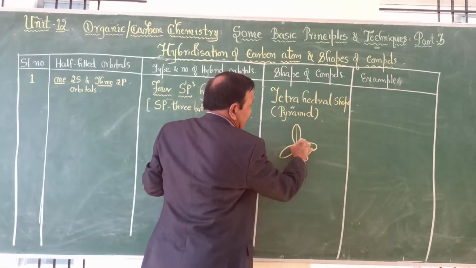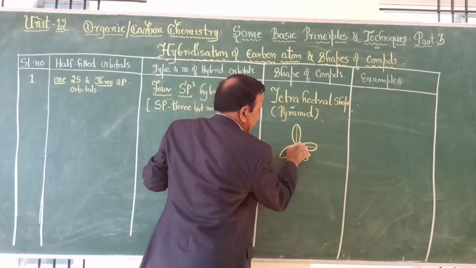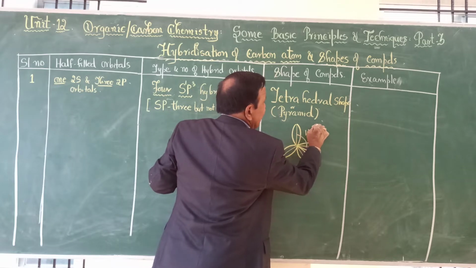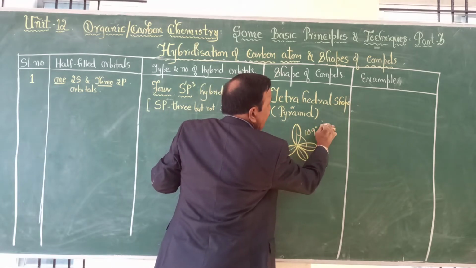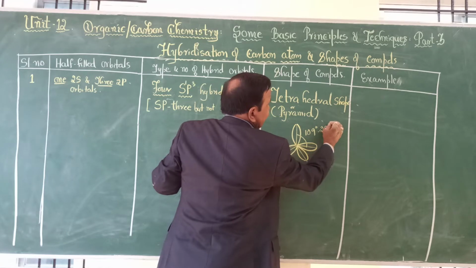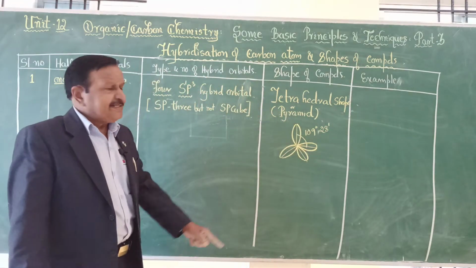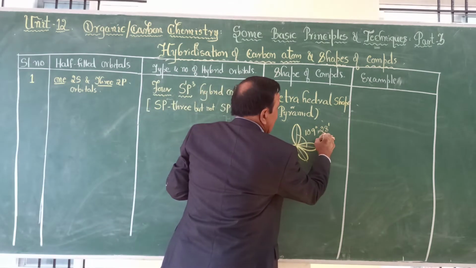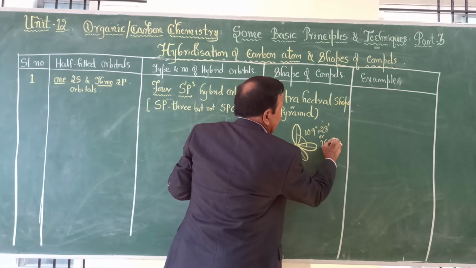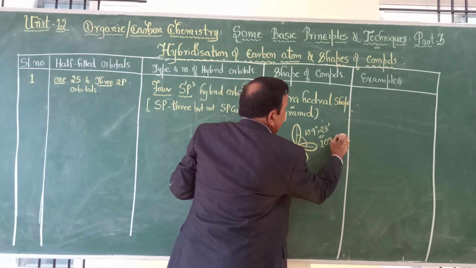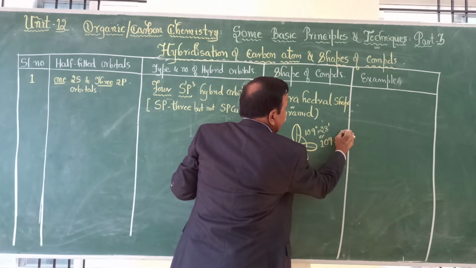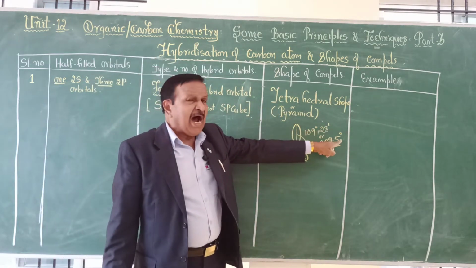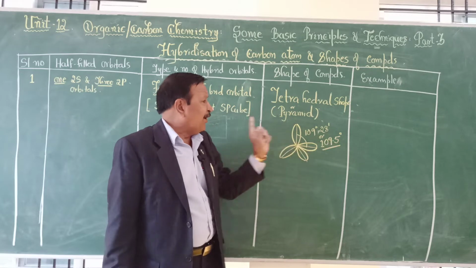And this angle is found to be 109 degree 28 minutes. Since 60 minutes is equal to 1 degree, 28 is almost equal to 30, hence we are also going to call it as 109.5 degree. 30 minutes means half degree, so 109.5.